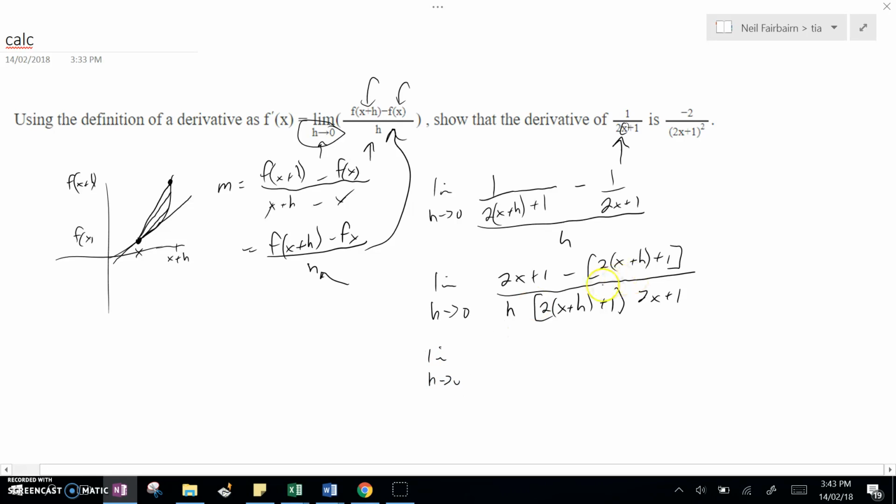Limit as h approaches 0, 2x minus 2x, the 2x and 2x is gone. 1 minus 1 is gone, and there we're left with negative 2h, all divided by h times 2 times x plus h plus 1 times 2x plus 1.